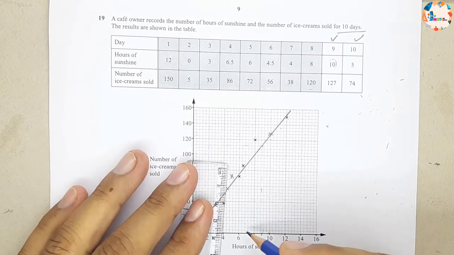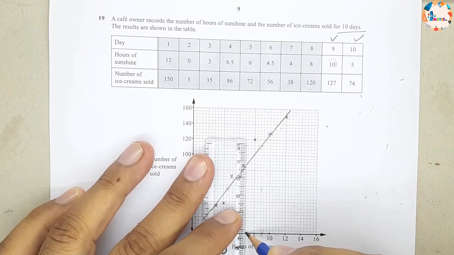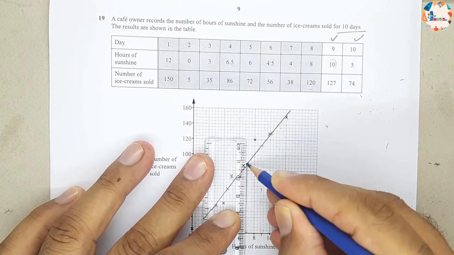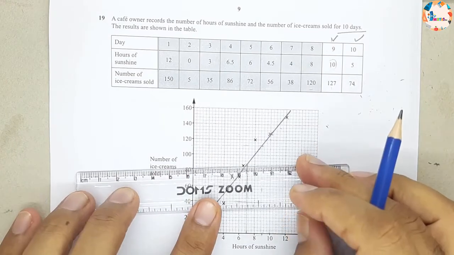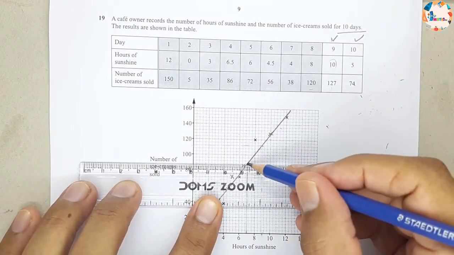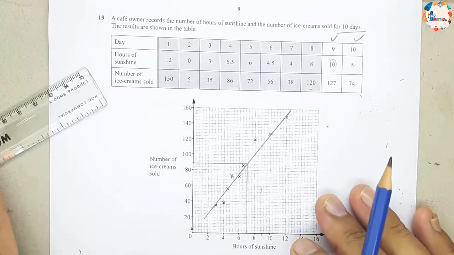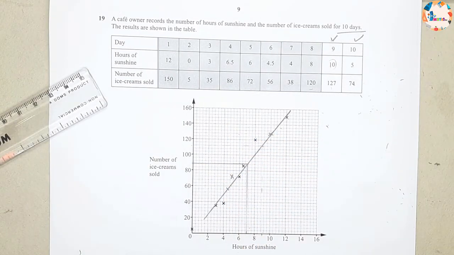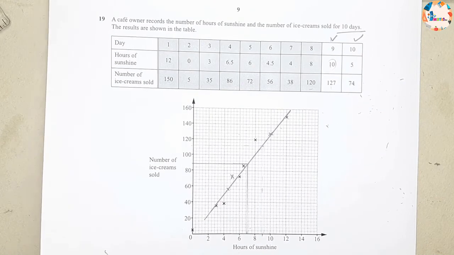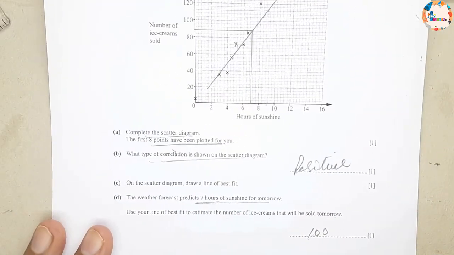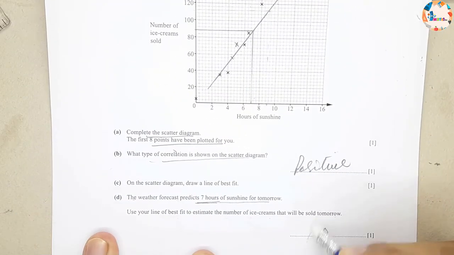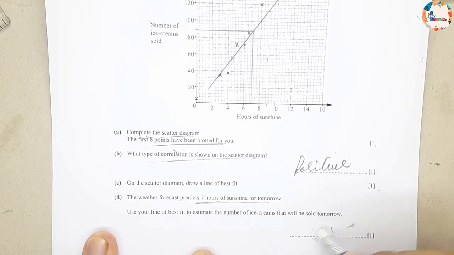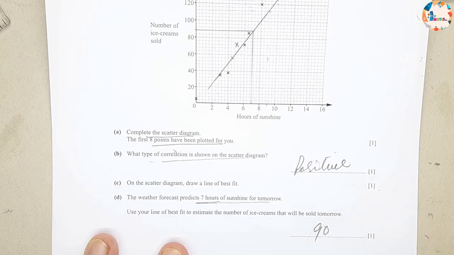So 7 hours will be middle of this one, and this will be over here and over here up to this one. So this will be around 90. So instead of writing answer as 100, our modified and corrected answer will be 90. So we can write here 90.